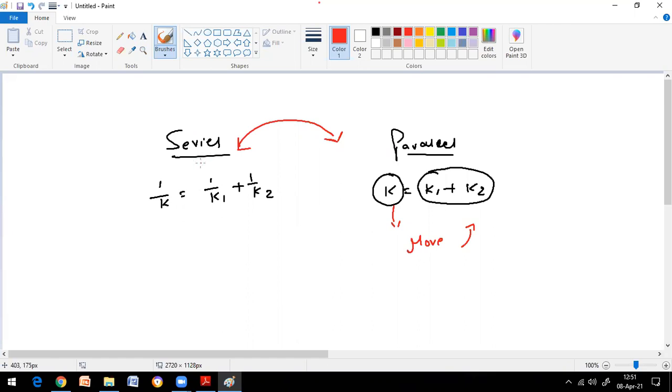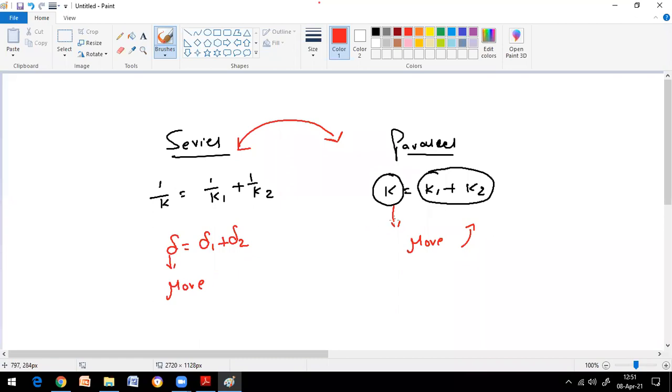Where more load is not applied, or where deflection will be less. Exactly, where the whole unit doesn't carry much load. In series, your deflection will be the summation delta 1 plus delta 2, so deflection will be more.